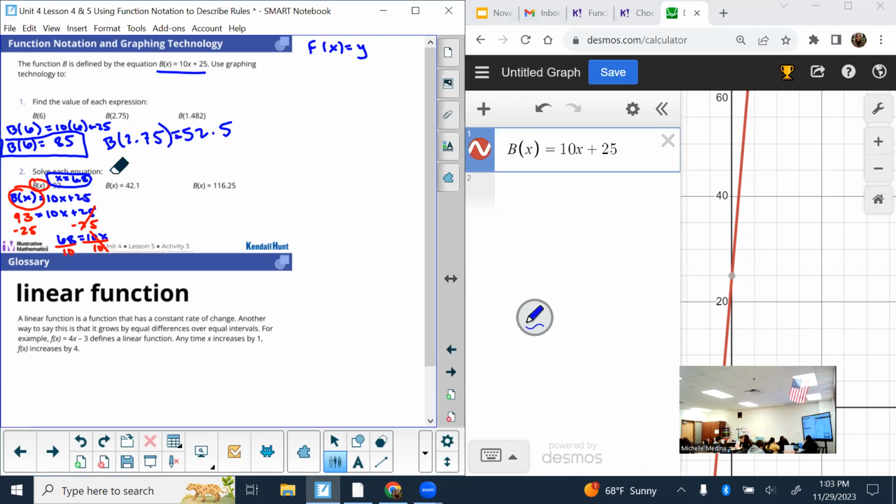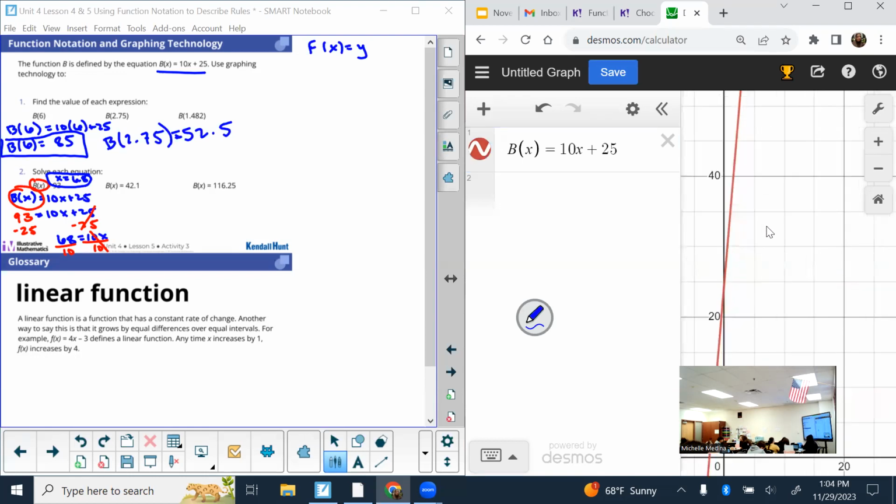When my output is 42.1, my output is usually Y. So that means when I'm touching on my line, I need to pay more attention to the Y's now. When the Y is 42.1, okay, almost there. Let's see if I can do it.